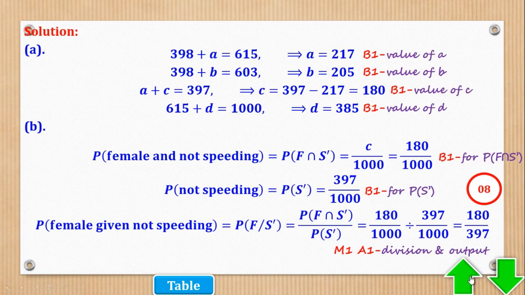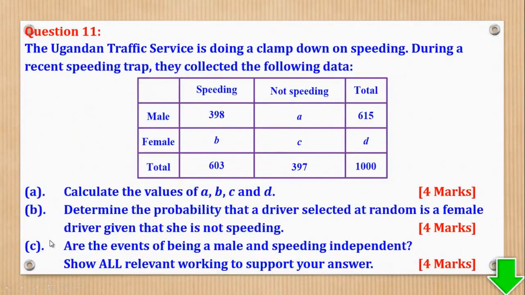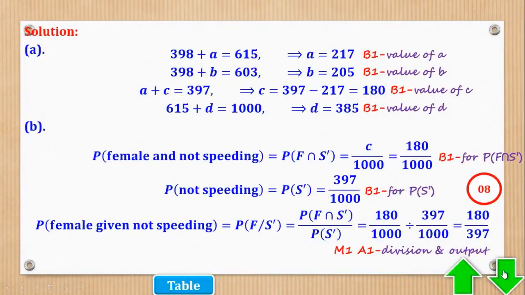Then part C says, are the events of being male and speeding independent? So we all know that for independent events, the intersection is equal to the product of the individual events. So I'm going to come and find out if it is true.